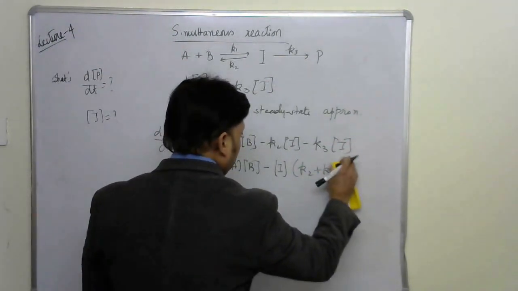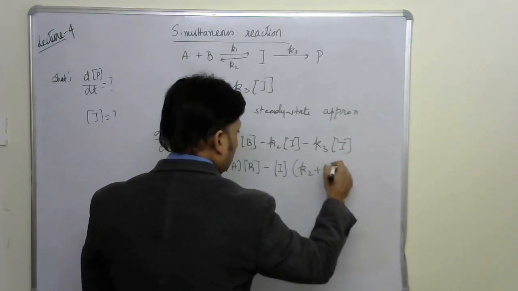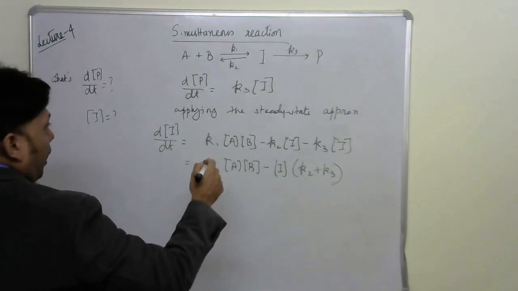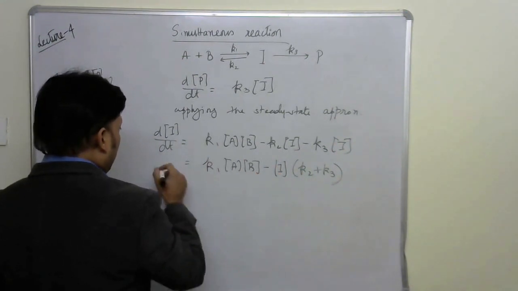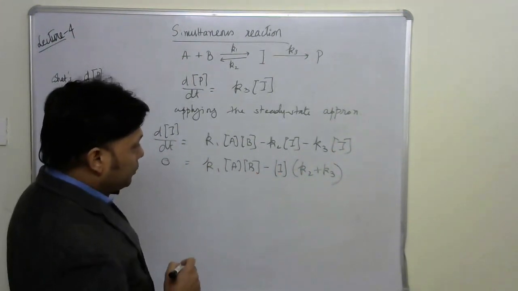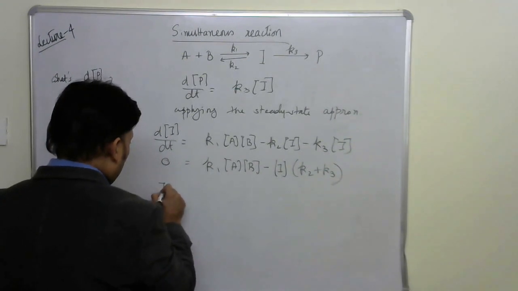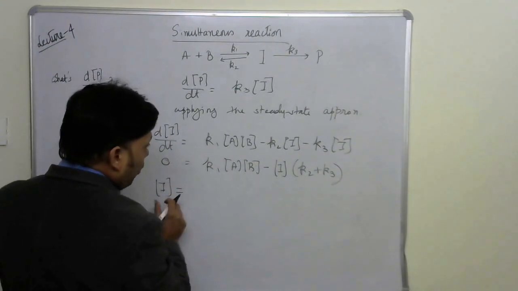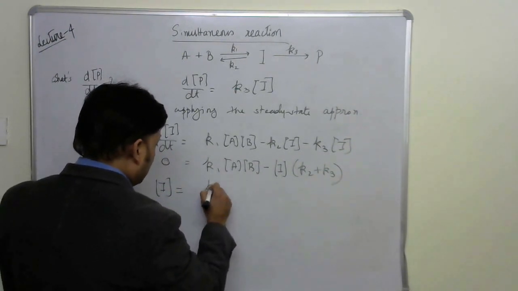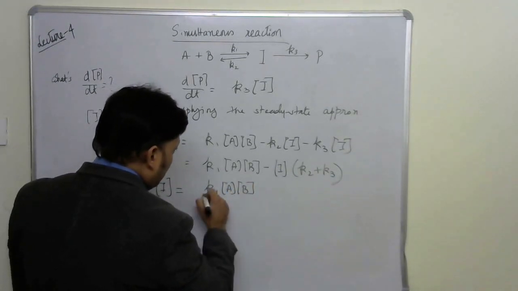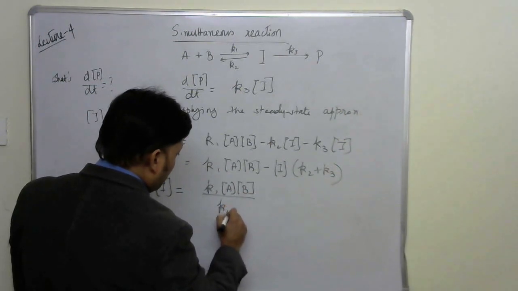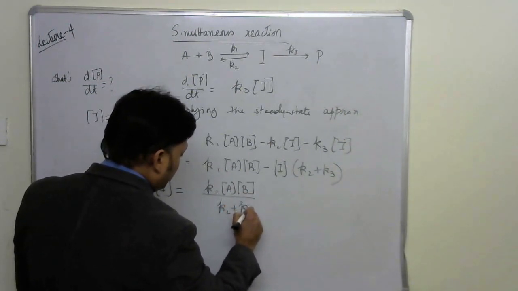Okay. If the steady state approximation is applied, then this should be equal to 0. If this is equal to 0, we can evaluate the concentration of I as k1 multiplied by [A][B] divided by (k2 plus k3).